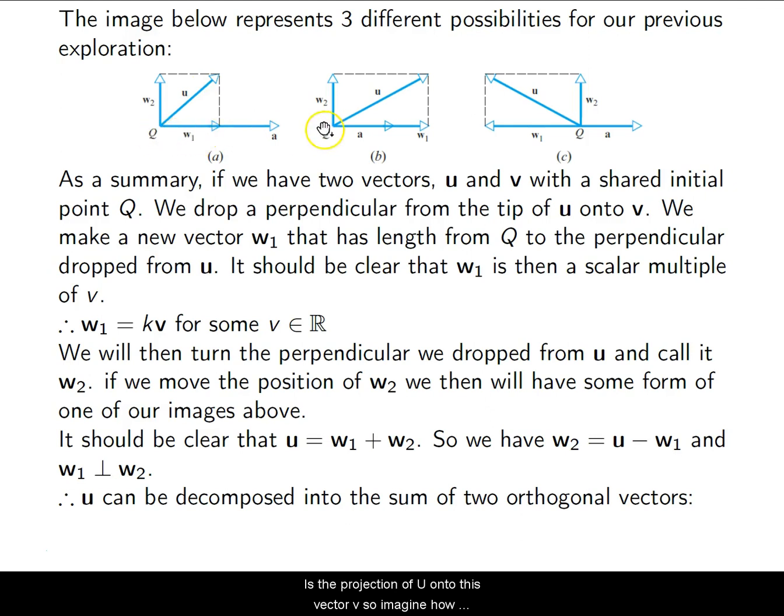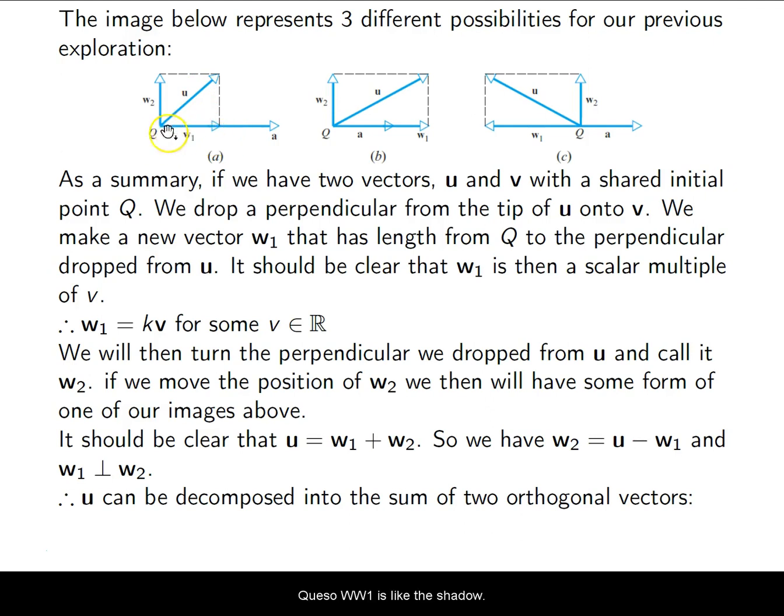So imagine that I have this vector and I have this vector only, so W2 and W1 disappear. If I had a light bulb that I shined directly over u onto v, the shadow that it would cast would be W1. The projection of u down onto v is W1.